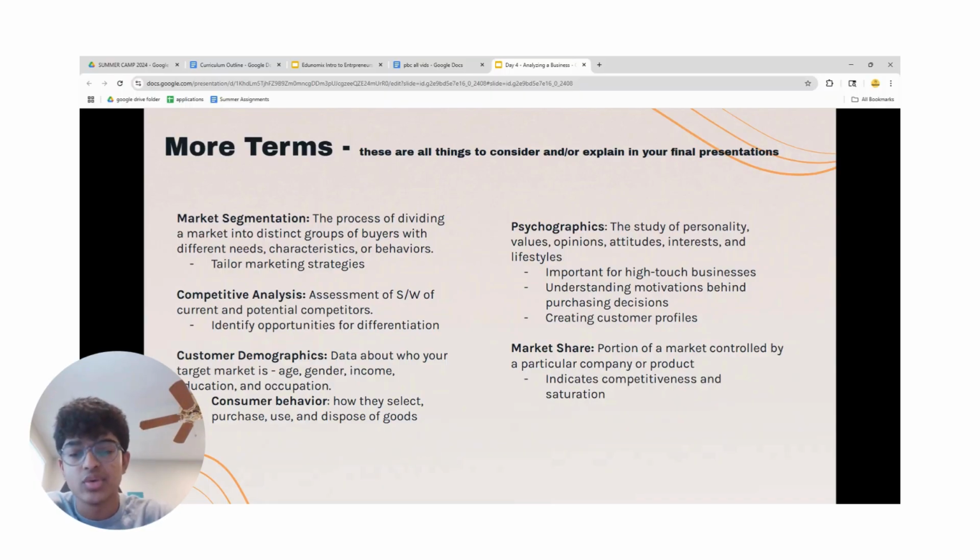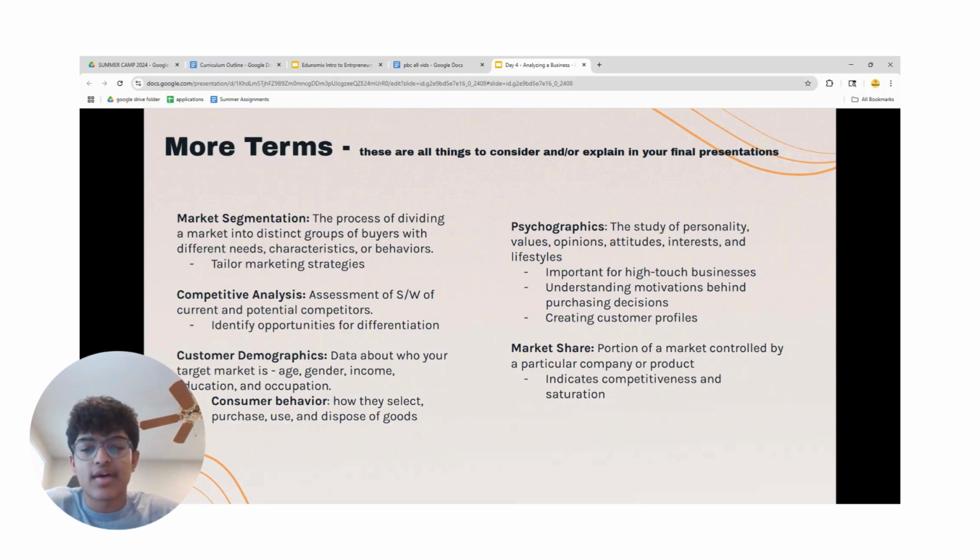You should be doing that before you advise a business to enter a new market. You should be doing the SWOT analysis of the businesses there. Customer demographics, again, that's just who is buying your stuff, and then the behaviors, obviously how they select and decide to buy your stuff.